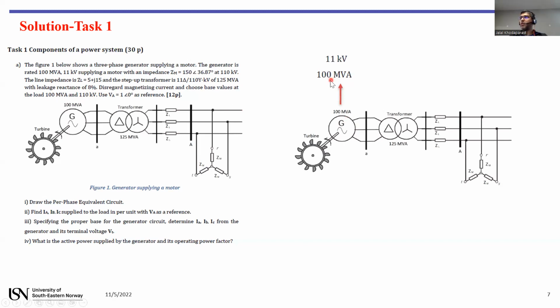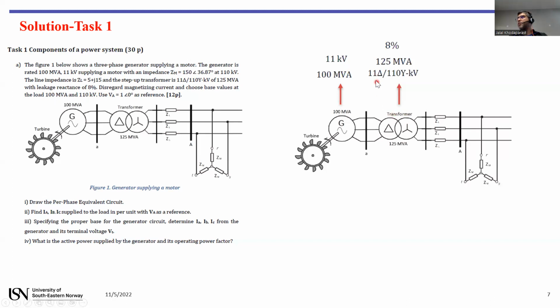From the generator, according to the text, we know the rating. The generator rating is 100 MVA, and 11 kilovolt is the voltage of the generator.